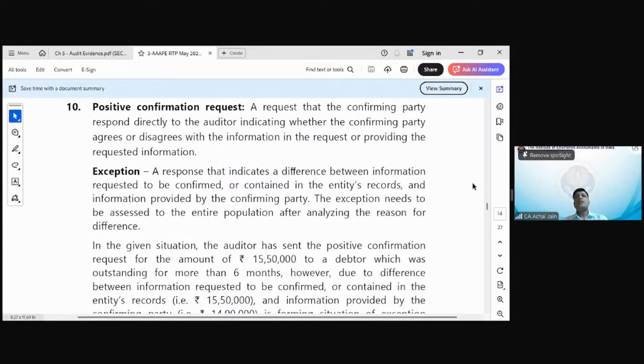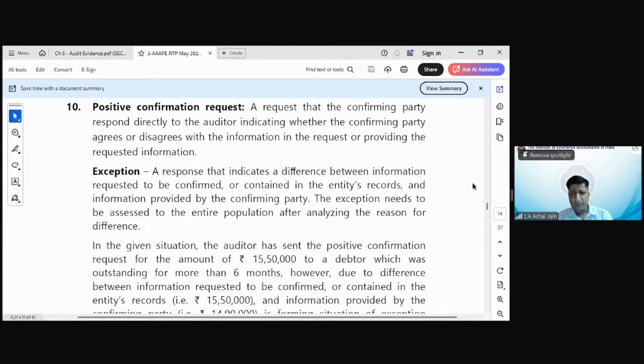I think as regards this positive confirmation request, we have already talked about it. It is a request that the confirming party respond directly to the auditor, indicating whether the confirming party agrees or disagrees, with an exception: a response that indicates a difference between the information requested to be confirmed.